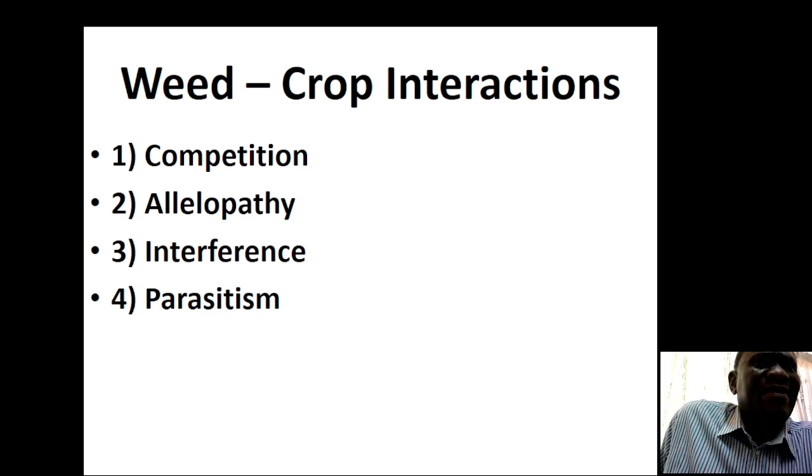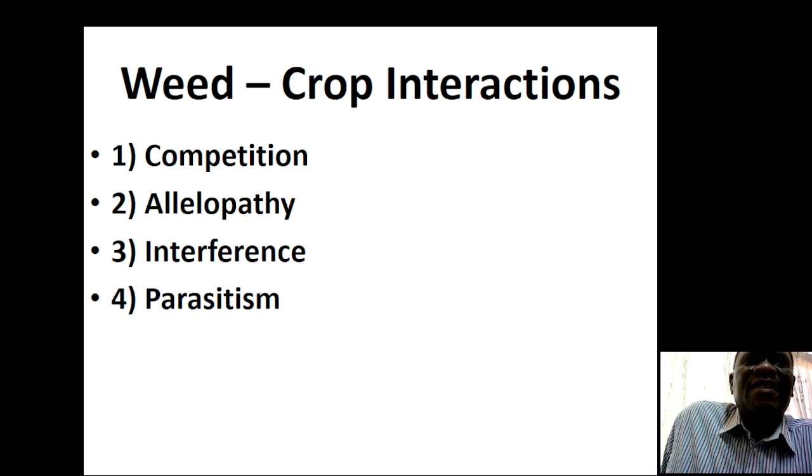In fact, under natural conditions, we have these two processes operating simultaneously. And in reality, we do have interference, although sometimes we talk about competition and allelopathy separately from this interference.